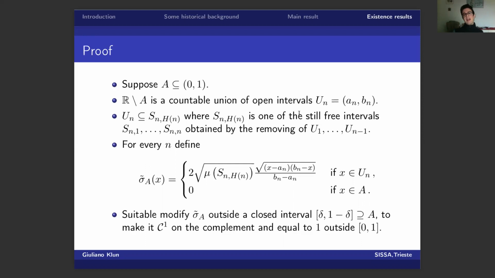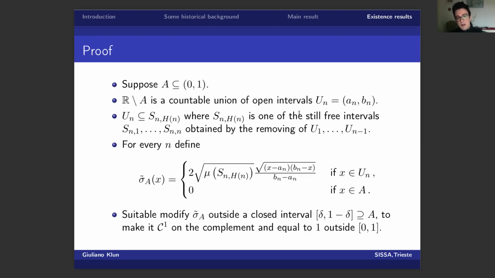In this case, it is very simple to modify the function at the boundary, to deform the function a bit so that this function has value 1 outside [delta, 1 minus delta].